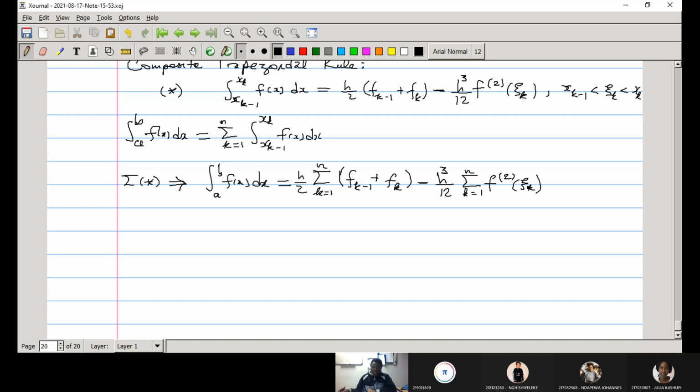Because of course, you can see that each of these is in between this and that, but they are all in between A and B, right? They're all between A and B.